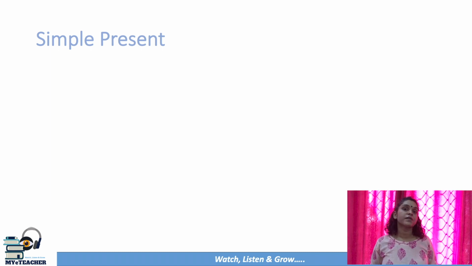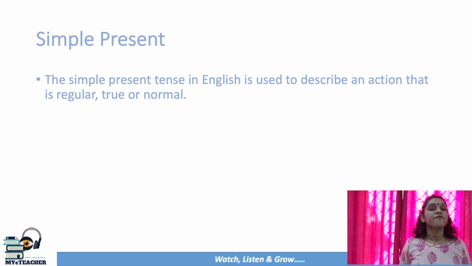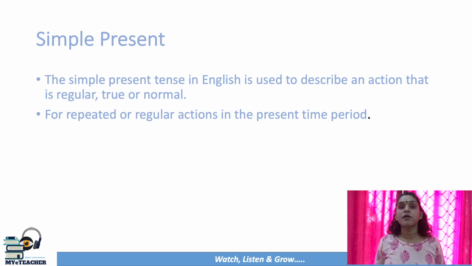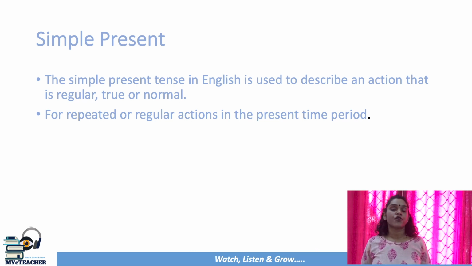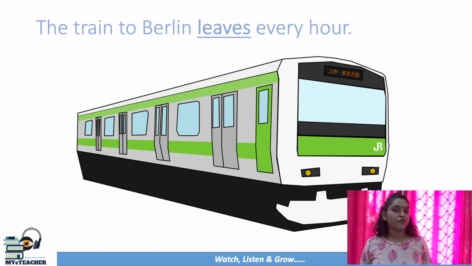In English, the simple present tense is used to describe facts or universal truths, or actions that are regularly repeated, or habits. For regular repeated actions, for example, the train to Berlin leaves every hour.